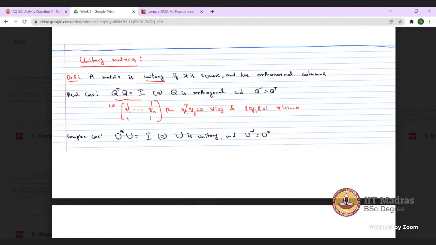When the transpose conjugate is multiplied with the original matrix, if it results in I, then that matrix is called a unitary matrix. If U star U results in the identity matrix I, then U is called a unitary matrix. In other words, U star should be equal to U inverse. The inverse of a matrix should be equal to its transpose conjugate. If that holds, then it's called a unitary matrix.